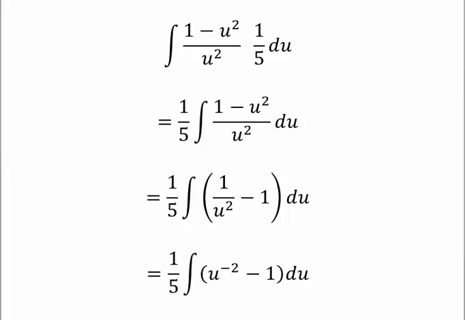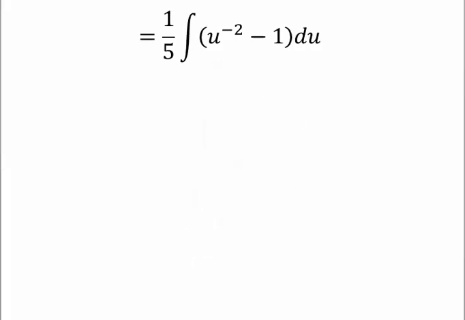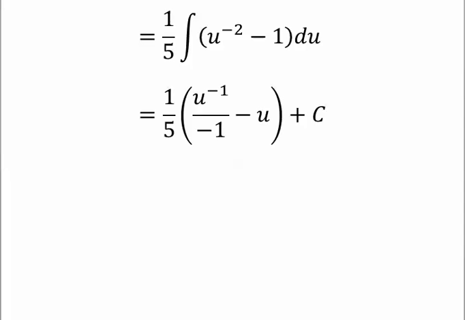So I'm ready to use the power rule. The antiderivative of u to the negative 2, plus 1. Now a little bit of cleanup would be nice. Let's pull those negatives out, okay?